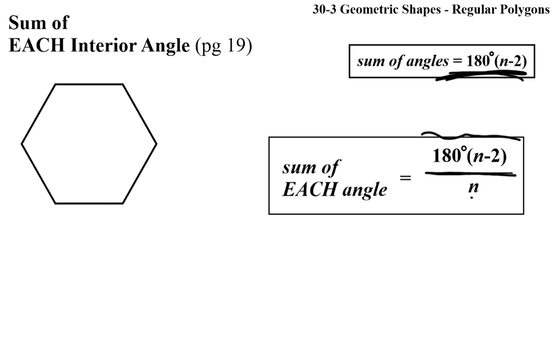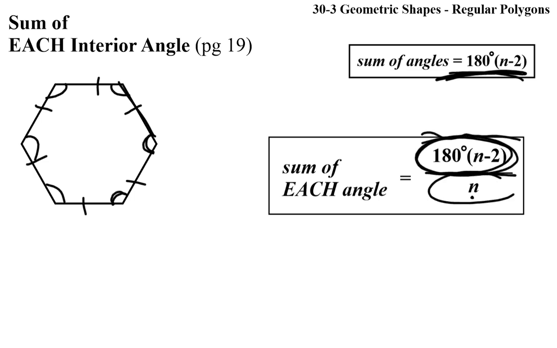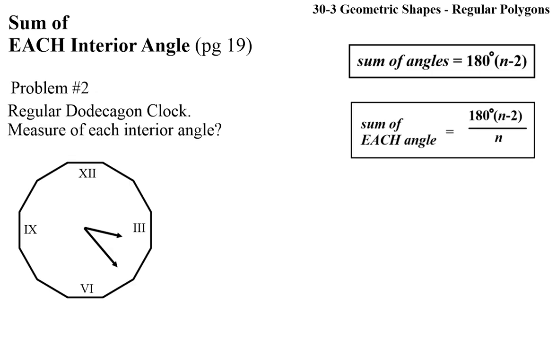Because the number of angles is equal to the number of sides. 6 sides means there's 6 angles. So that n, even though it represents the number of sides, is the same as the number of angles. Find the total of the angles and divide by the number of angles. That's what we're going to do.